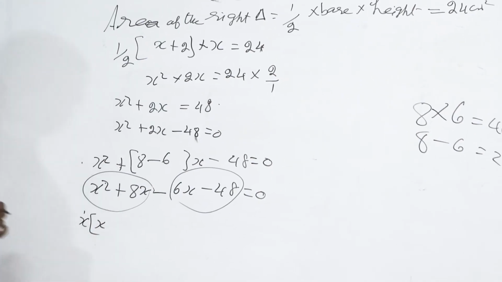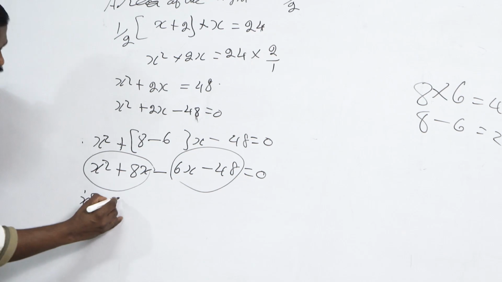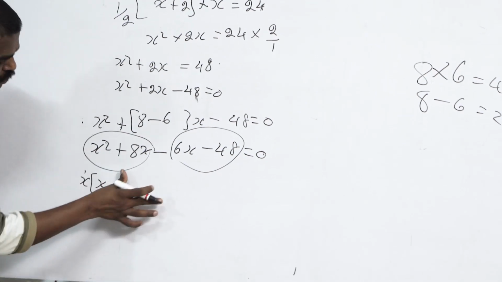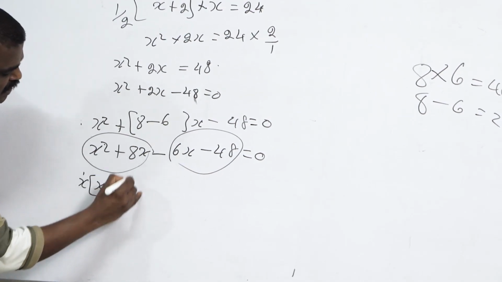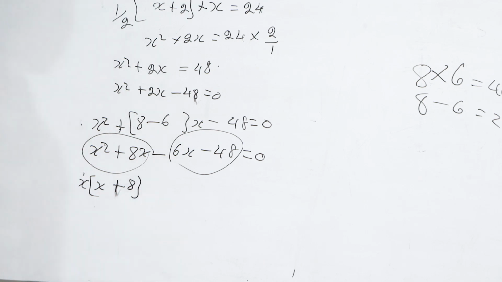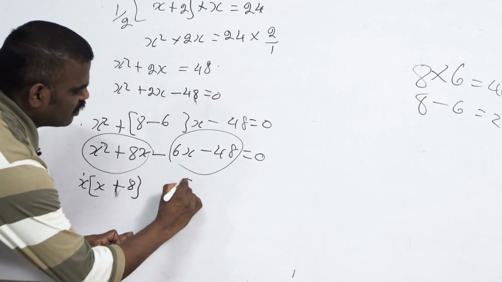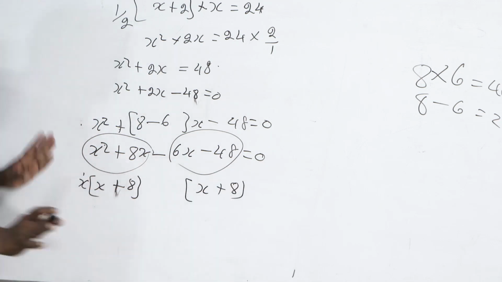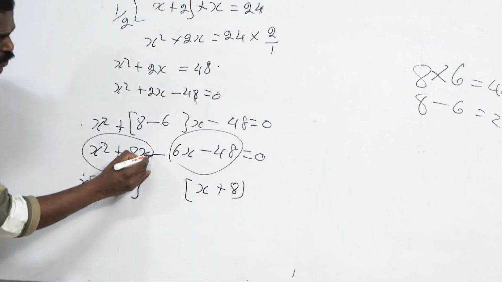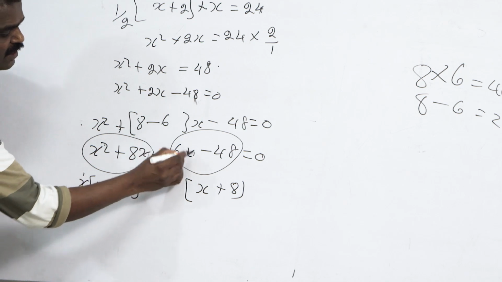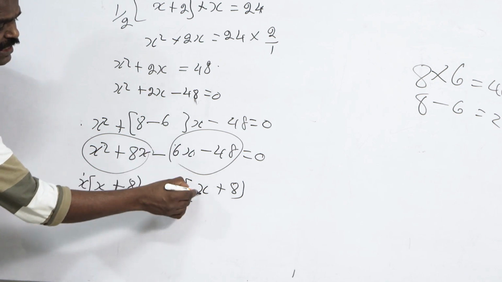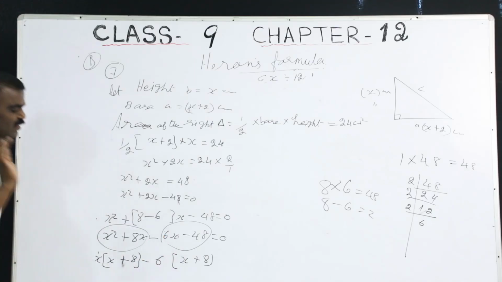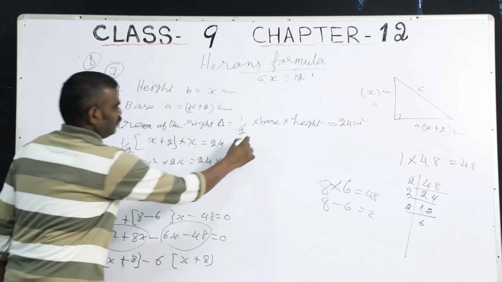Power 2, 1 is already out. So one more that is left, plus 8. Clear? Same as it is you write, x plus 8, it never changed. Now what symbol is in the middle? Minus. Look here, 6x. Out of 6x, x is already out. So what is left? 6. Your answer is.